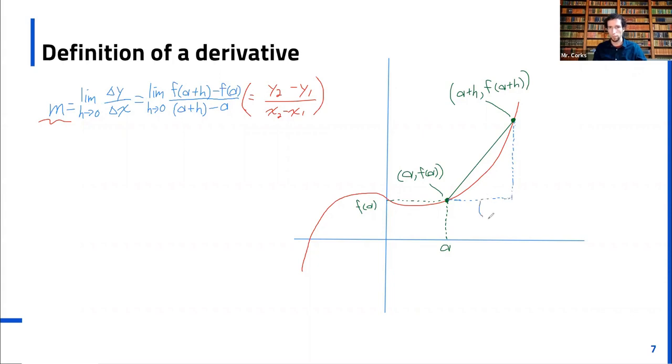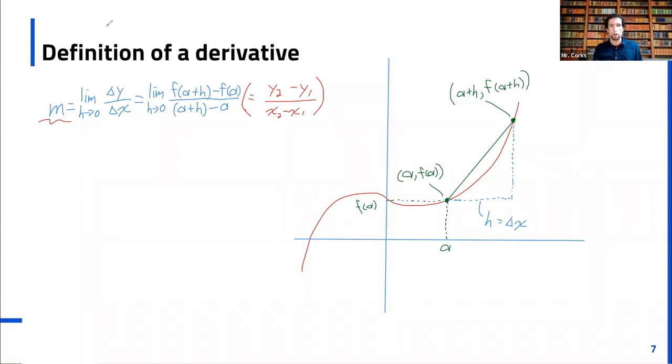So this distance here is H. And it's the distance between the two x values. So H is also delta x. It's the exact same thing. So H is just representing delta x here. It's the difference between the two x values.